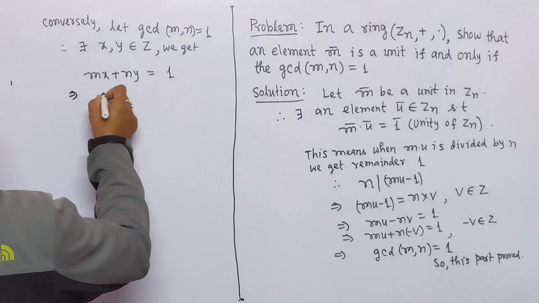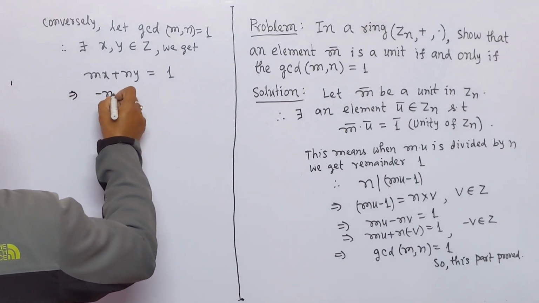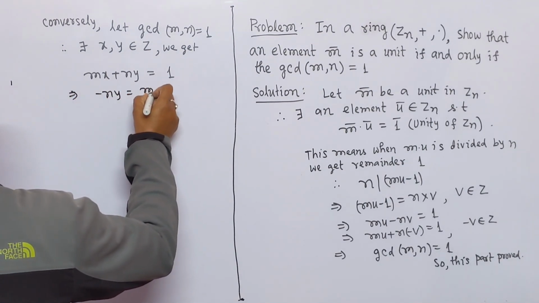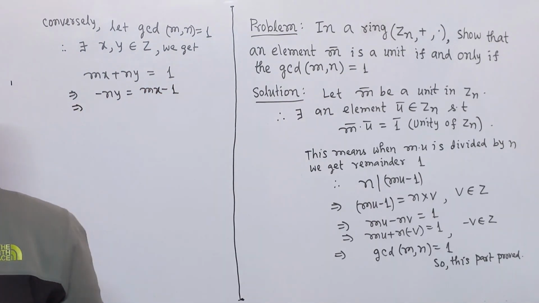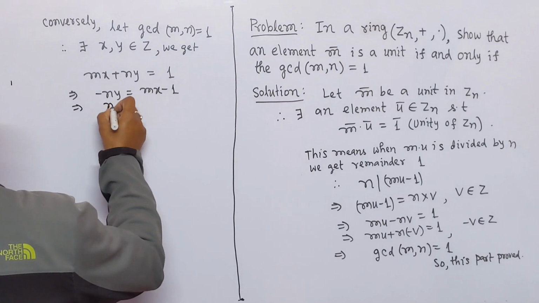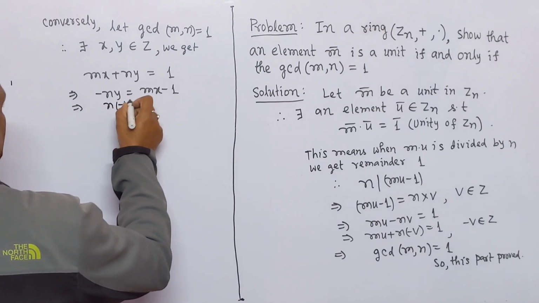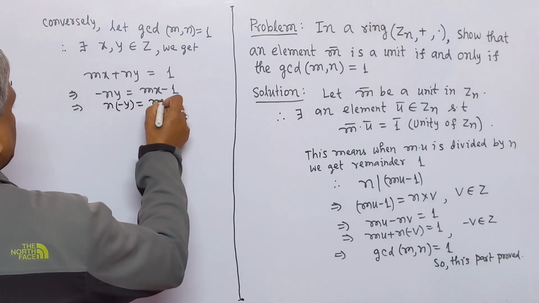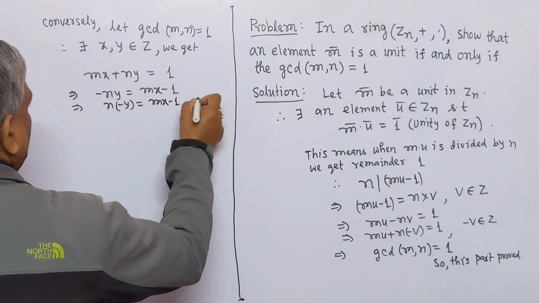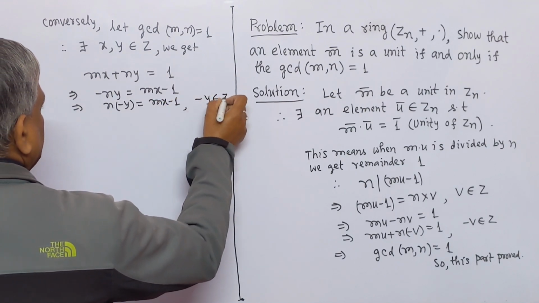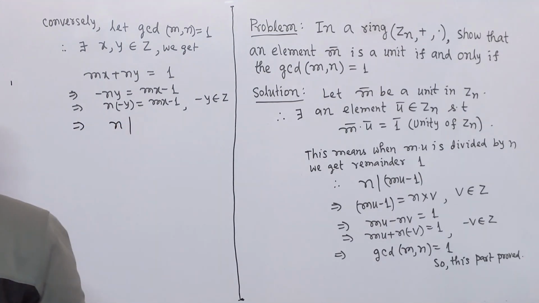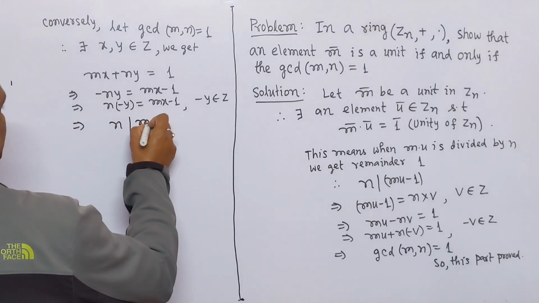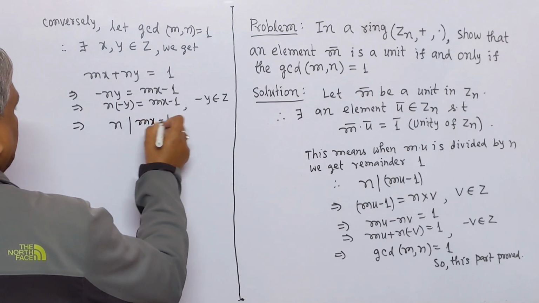This implies that minus ny equal to mx minus 1, which implies that n multiply minus y equal to mx minus 1, minus y belongs to Z. This implies that n divides mx minus 1.